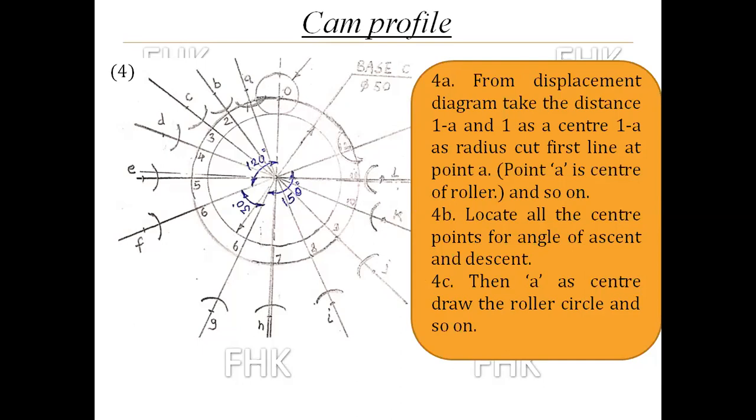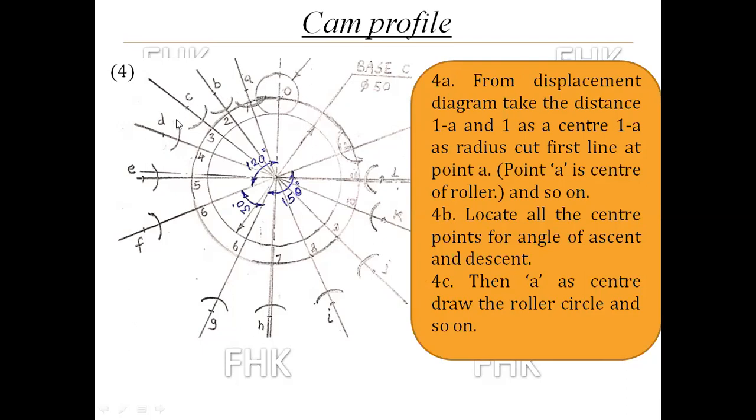This is the difference between a knife edge follower and a roller follower. This 1A you mark here, 2B you mark here on the second numbered line from the displacement diagram, and this B point is the center of the roller. From the displacement diagram, take the distance 3C in the compass and with 3 as a center, cut that line at point C. So C is the center of a roller.